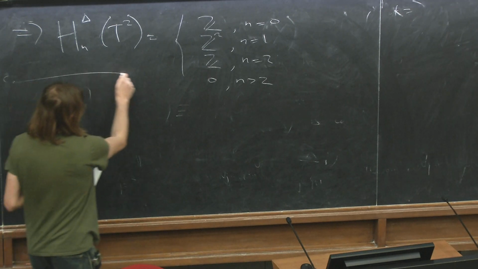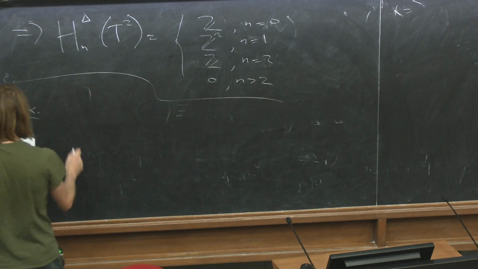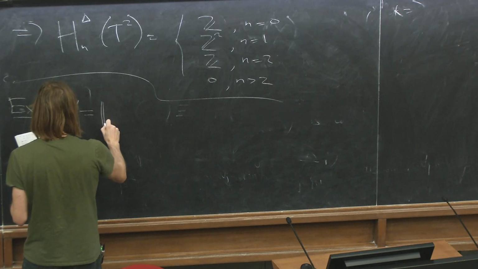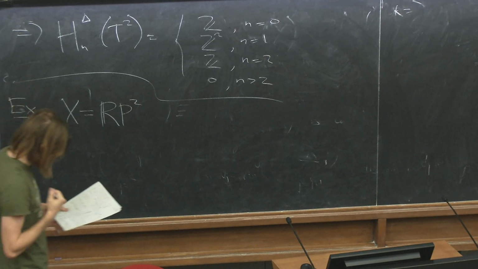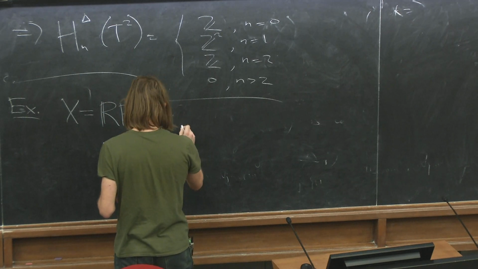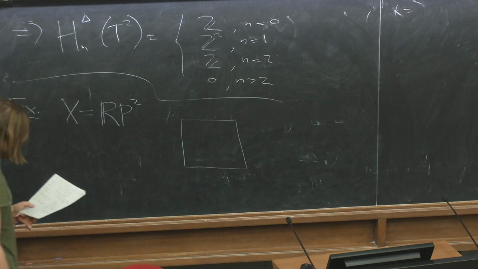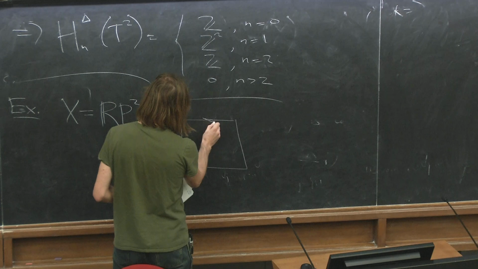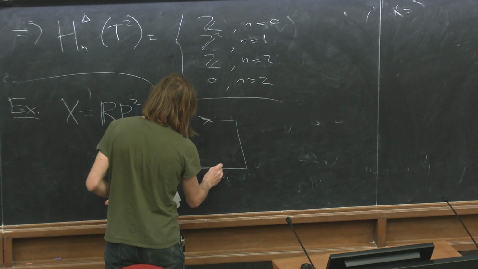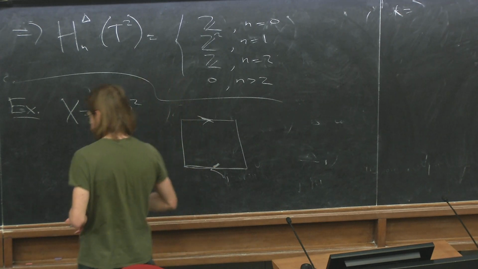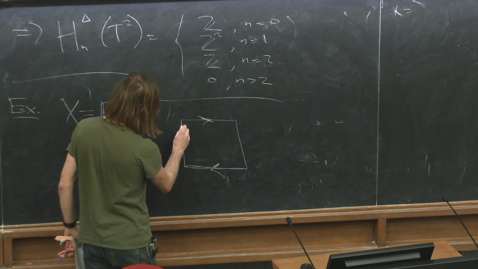And as an exercise, I will leave it to you to do a similar calculation when X is the real projective two-dimensional space. We know that RP2 can be given as a quotient of a rectangle, where we identify the opposite edges, but with reverse orientation.